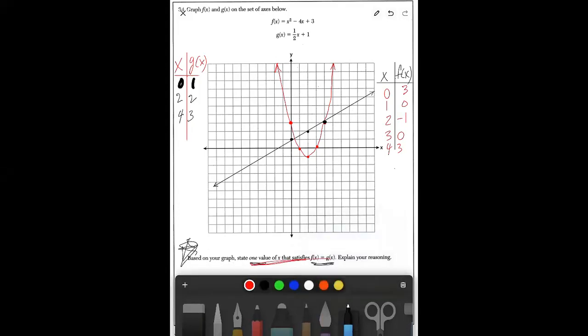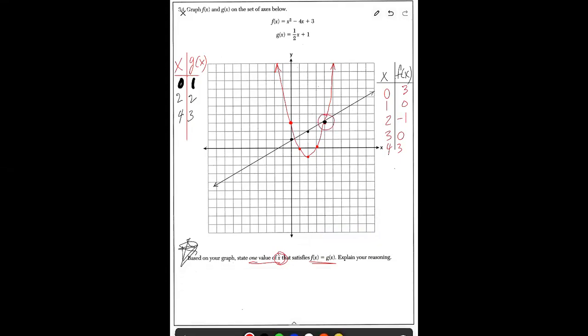It says state one value of x where f of x is equal to g of x. It's right here. So the x value is 4. So you would say x equals 4. This value right here, this is 4. The coordinates are 4, 3, but we don't want the y because they didn't ask for the y. They just said what value of x.